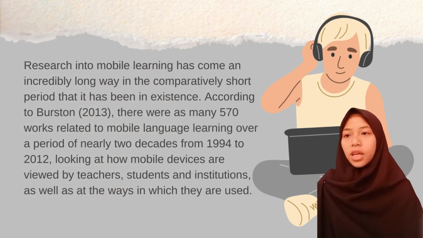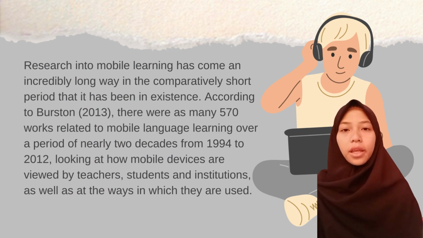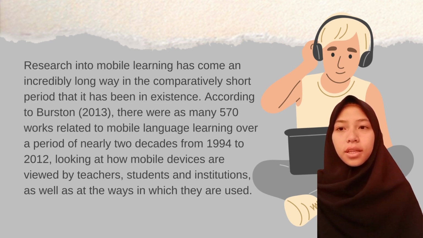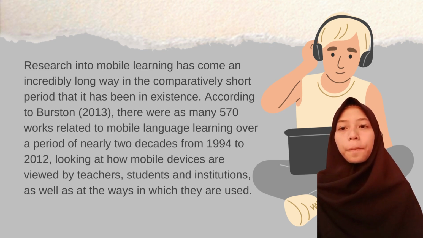Okay, next is primary outcomes from research into mobile language learning. Research into mobile learning has come an incredibly long way in the comparatively short period that it has been in existence.